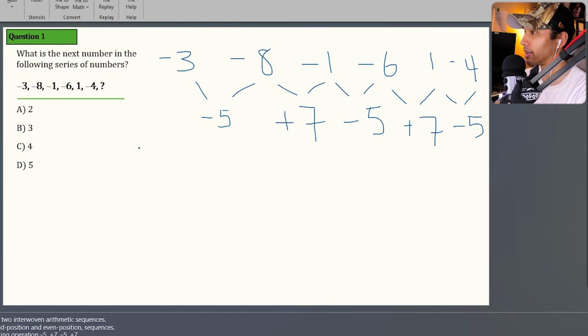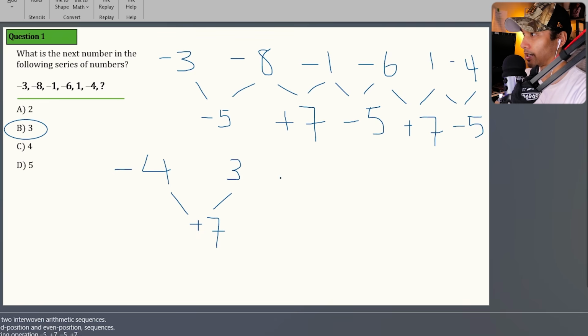The next number in this sequence, from -4, we see a pattern: -5, plus 7, -5, plus 7, -5. So the operation is +7. This is a -4, and the answer would be +3, which is answer choice B.